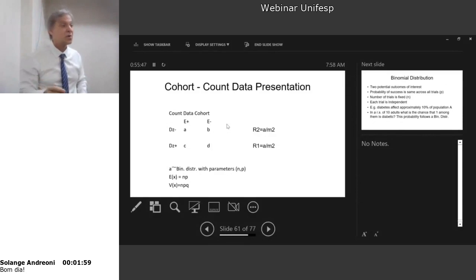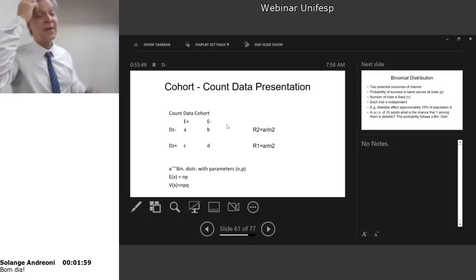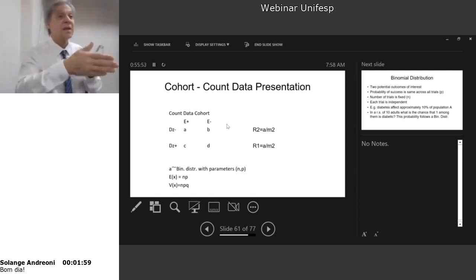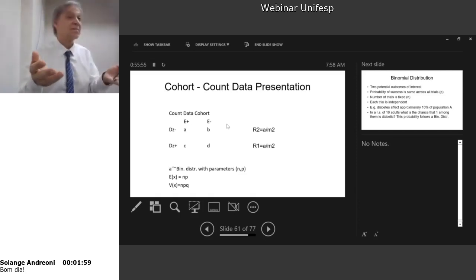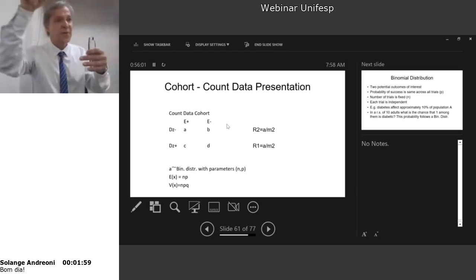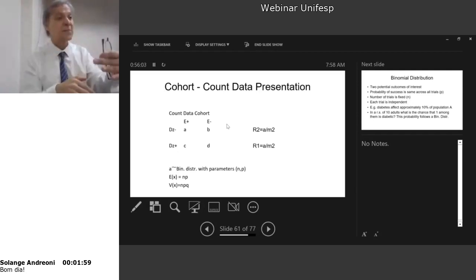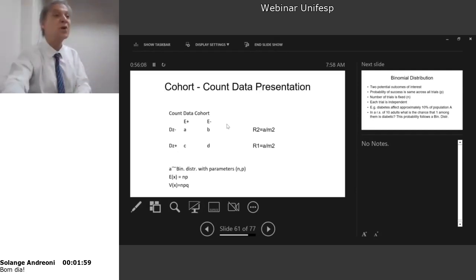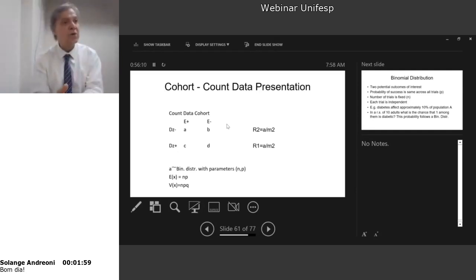Okay? So always remember the variance of the Bernoulli, which is the base of the binomial, is P multiplied by 1 minus P. If you throw in the N, it becomes P times 1 minus P, or PQ, divided by N. That's your variance. Okay, and then you take the square root. But here I'm looking at the variance of A, not of the whole ratio.